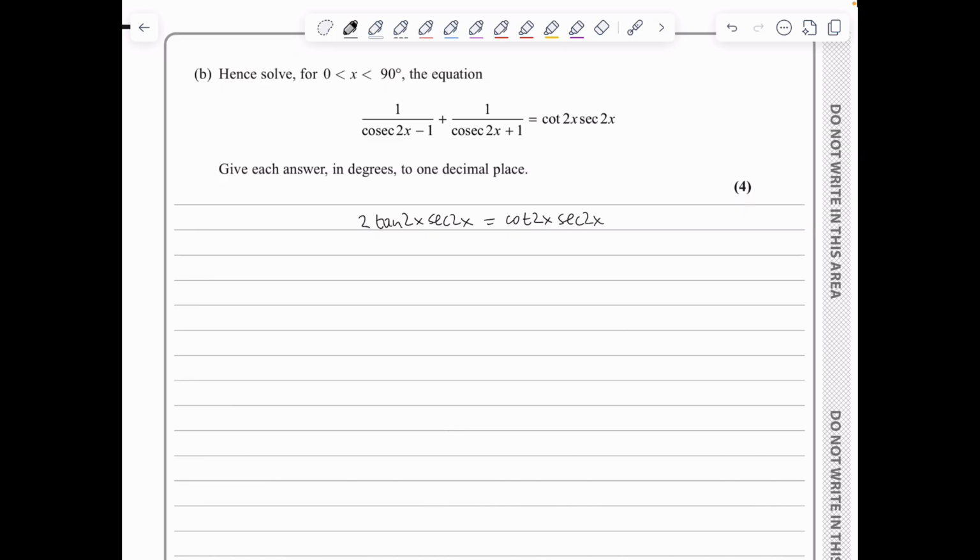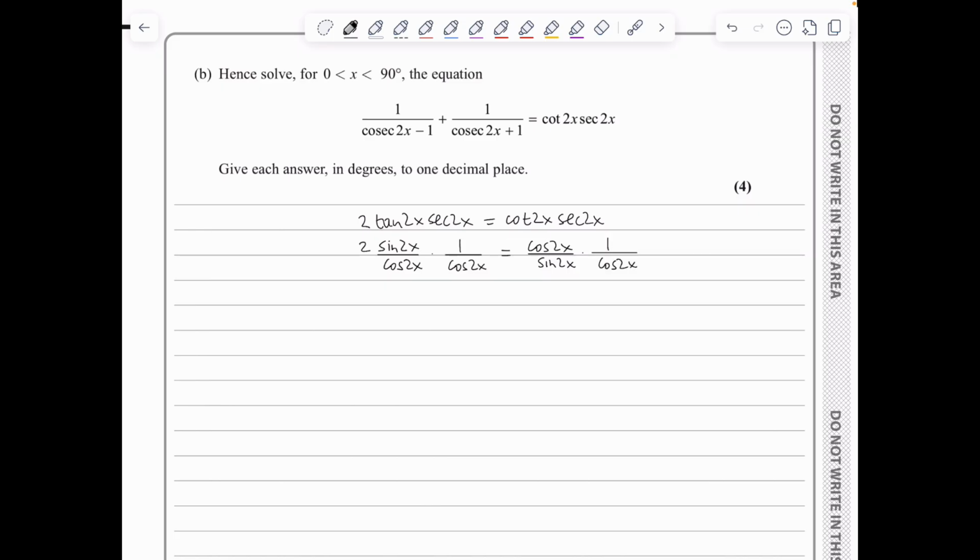So I will write everything in terms of sines and cosines. So we've got 2 sine of 2x over cos 2x, that's the tan 2x, times 1 over cos of 2x is equal to cos of 2x over sine of 2x times 1 over cos of 2x.